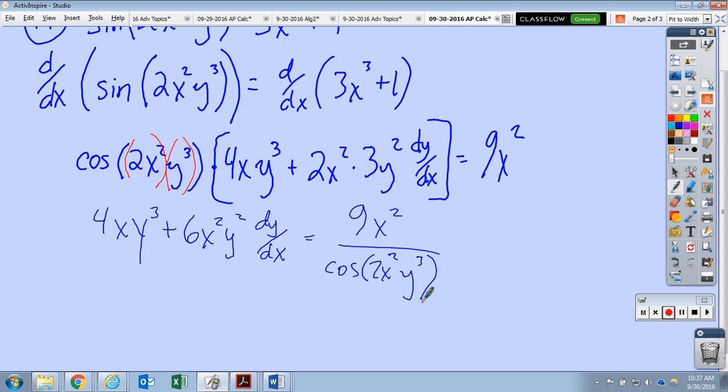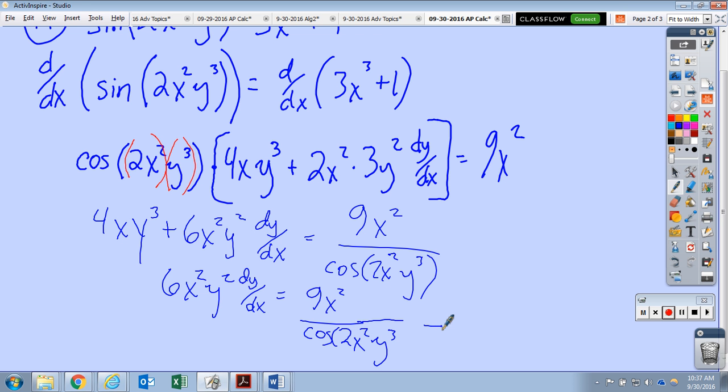And then the next step from here is to disconnect this because it's separated by addition. So 6x squared y squared dy/dx is equal to this minus this.